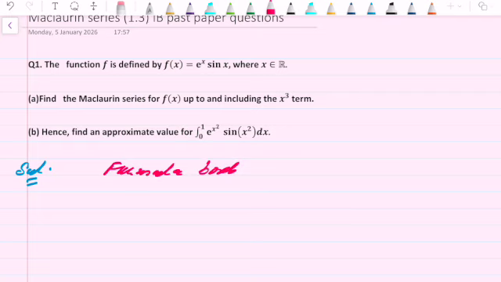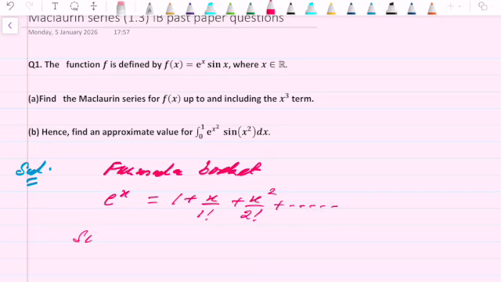we are given the Maclaurin expansions of e raised to power x, that is 1 plus x over 1 factorial plus x square over 2 factorial and so on, and sin x is given as x minus x cube by 3 factorial plus x 5 over 5 factorial and so on.